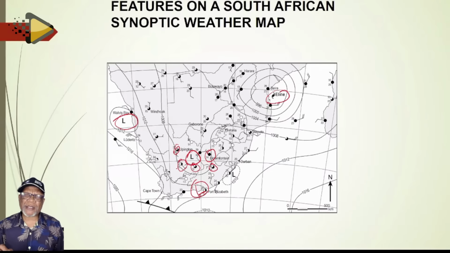What do we mean by unstable condition? It means the air is rising, and rising air will cool, and then cooling will be followed by condensation, and condensation, precipitation. And during which season do we have most of our precipitation? In the interior, we have our precipitation during summer. So this is evidence that this is a summer synoptic weather map.